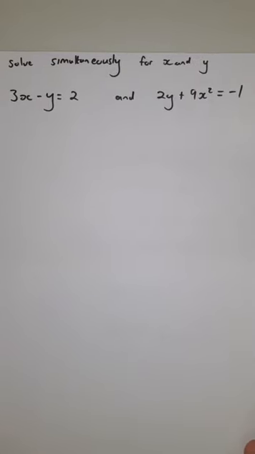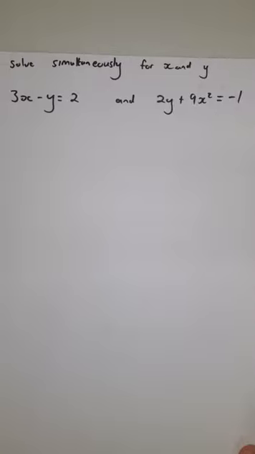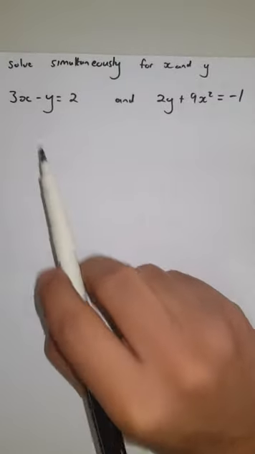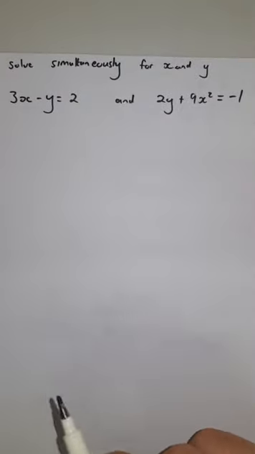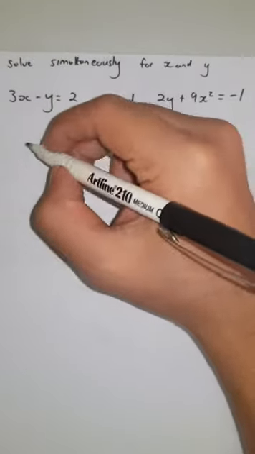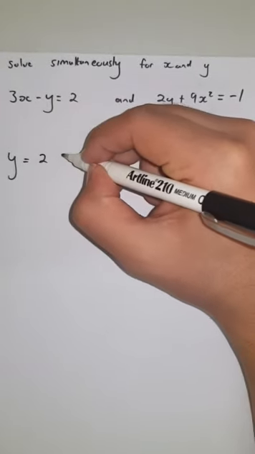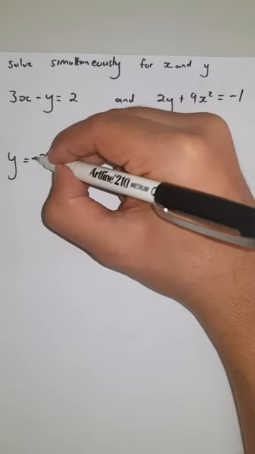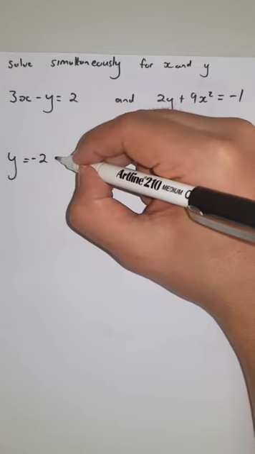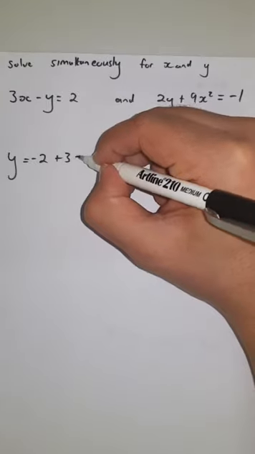Question 1.2, we have a simultaneous equation and it says solve simultaneously for x and y. So we choose one of the equations and make y the subject of the formula. So we'll have y is equal to 2 minus 2 plus 3.